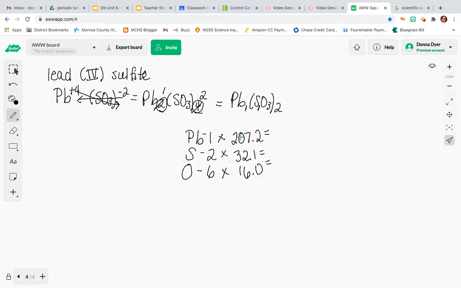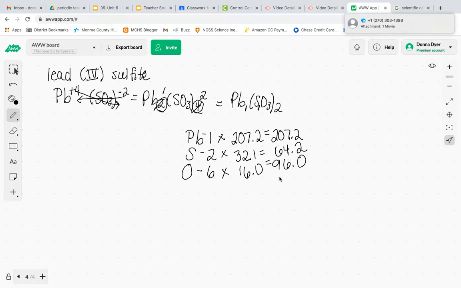Now we're going to multiply. 1 times 207.2 is 207.2. 2 times 32.1 is 64.2. And 6 times 16 is 96.0. Then we're going to add all those together.